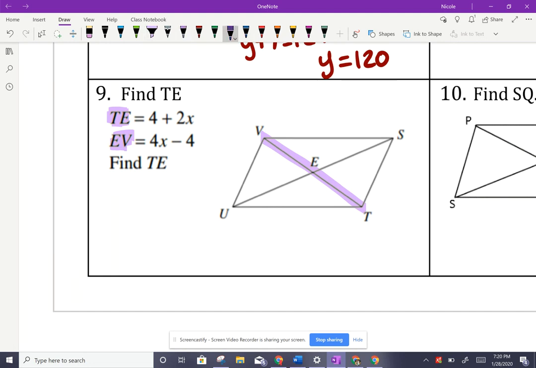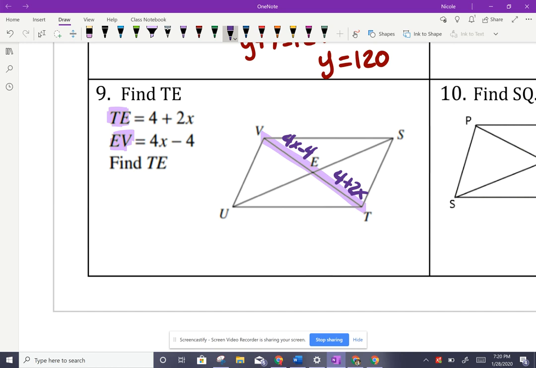So I'm going to put in TE is 4 plus 2x. EV, or VE, is 4x minus 4. Now, again, looking at your properties of parallelograms, which one talks about diagonals? The one that says diagonals bisect each other, so they cut each other in half.